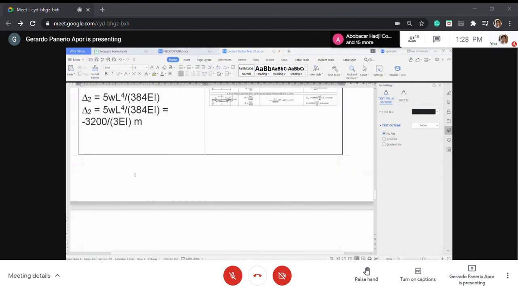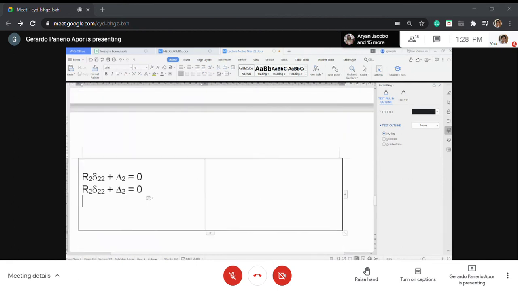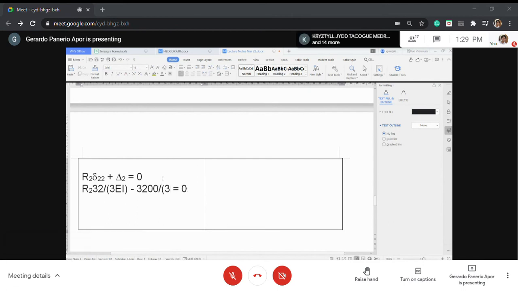So, delta 22, which is 32 over 3 EI, times 32, 32 divided by 3 EI, and minus 3,200 divided by 3 EI equals to 0.